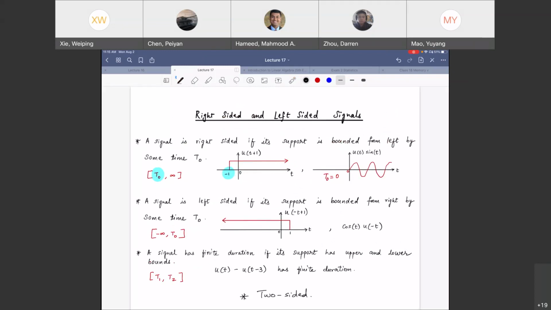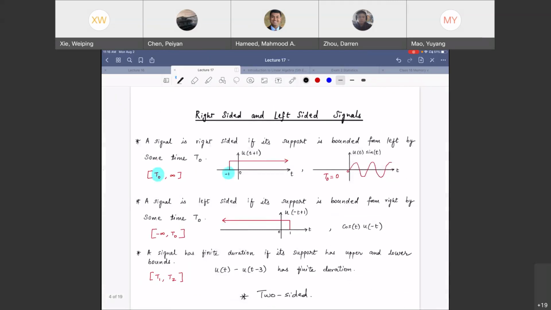If a signal is both right-sided and left-sided, then it is two-sided, right? And if it is two-sided and bounded, then you call it finite duration. Something like e to the minus absolute of t was two-sided, right? Essentially, no finite bounds on either side. Okay.